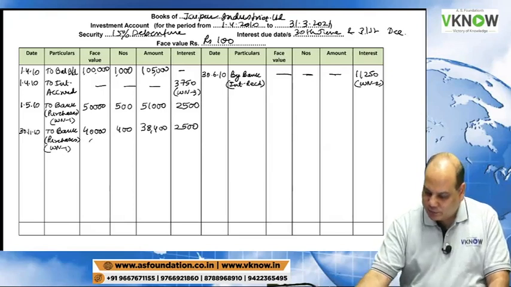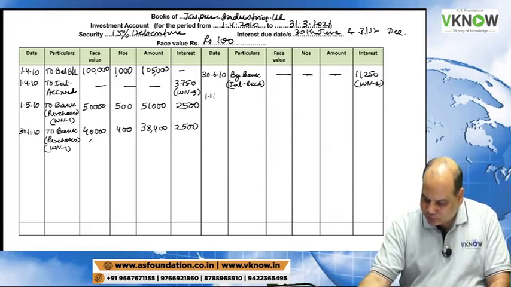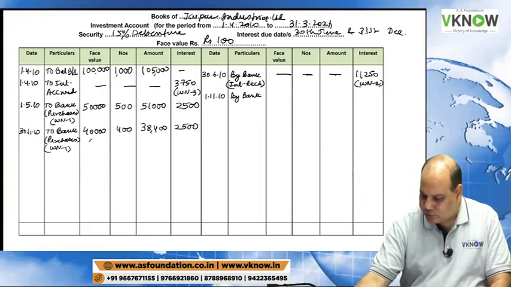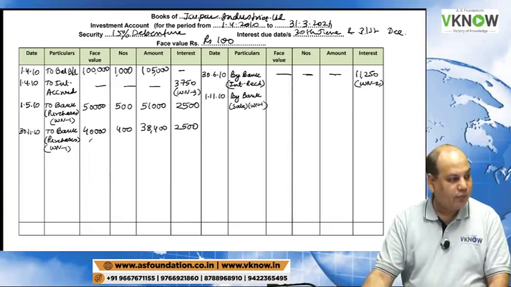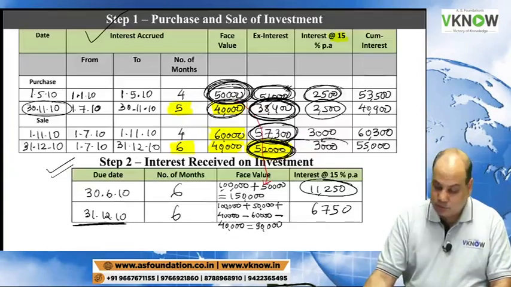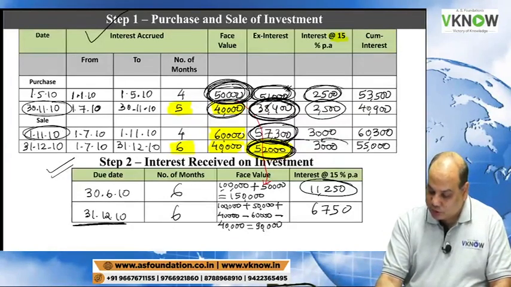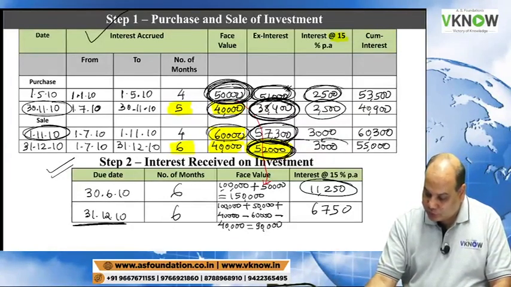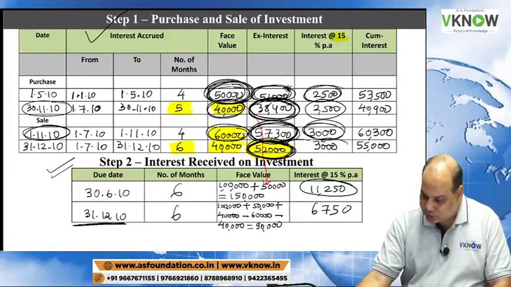Then 1st November 2010, there is a sale entry. Check working note 1, there is a sale entry. On the screen, 1st November, sale of 60,000, ex interest 57,300, interest 3,000.